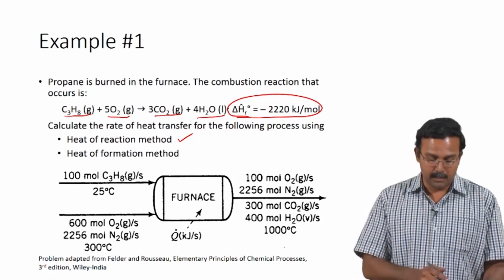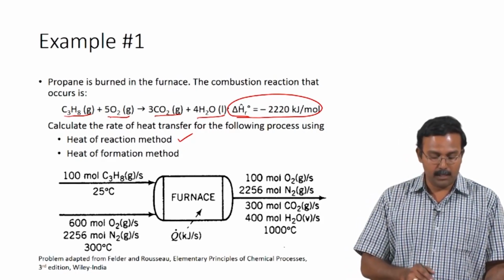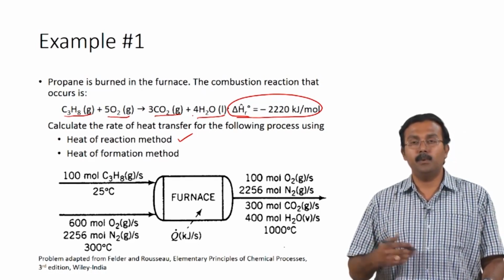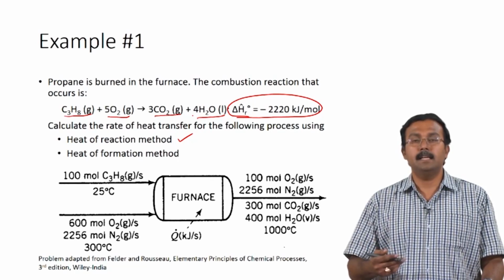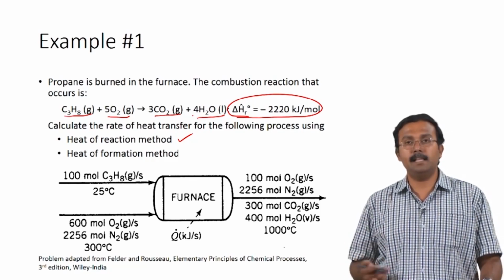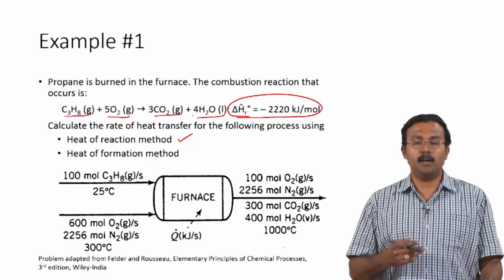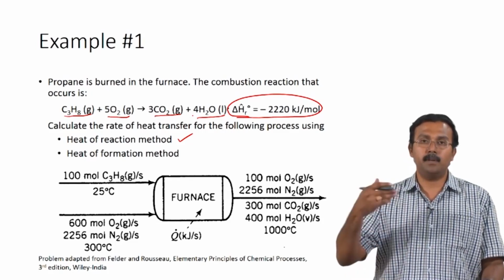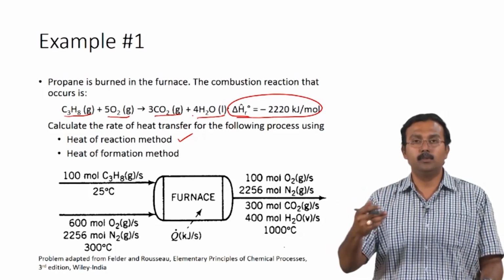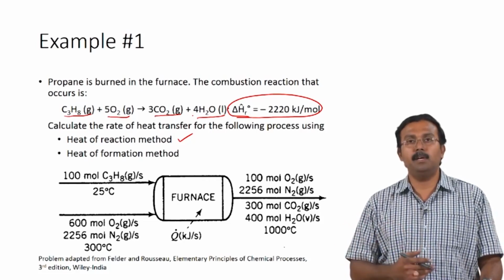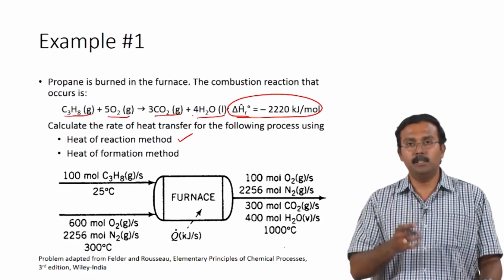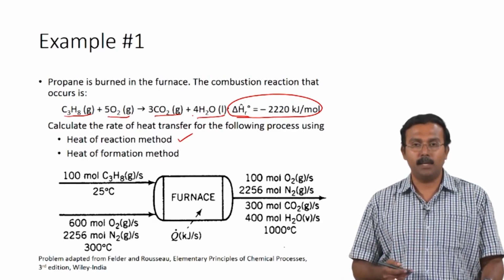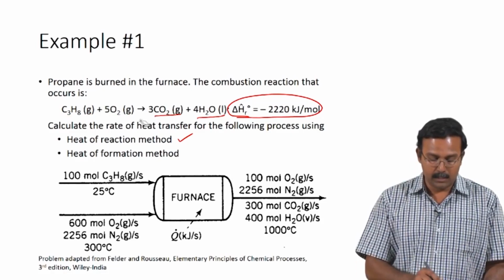For example, in this case you would use carbon solid, oxygen gas and hydrogen gas as the reference states, and then you would be building the enthalpy table which accounts for the heat of formation as part of the step where from the reference state of carbon and oxygen it goes to carbon dioxide, and then the next step would be the heating. With this kind of a process you would account for the heat of reaction in an implicit way.